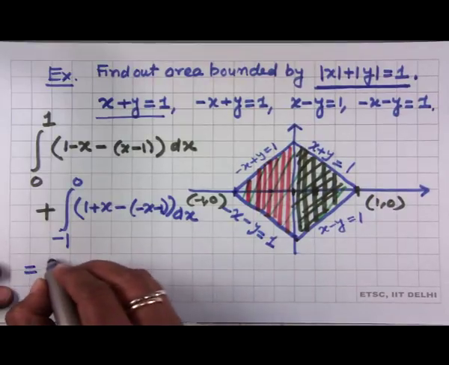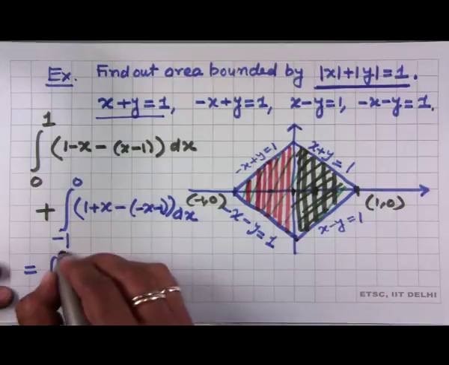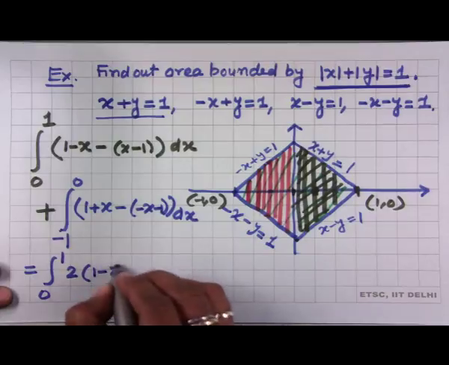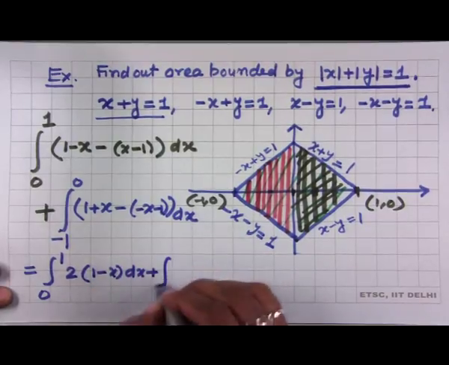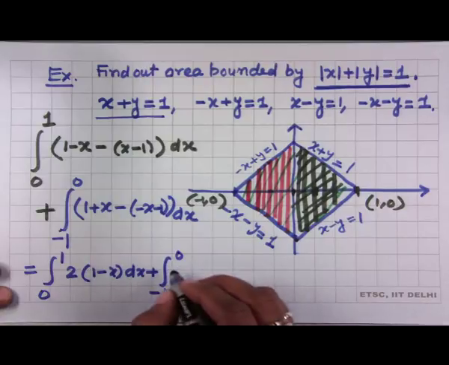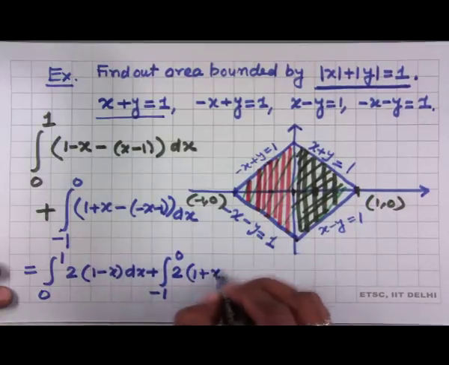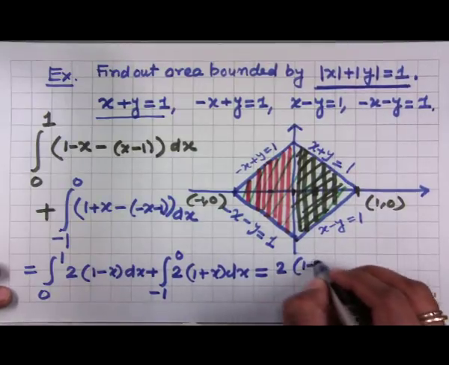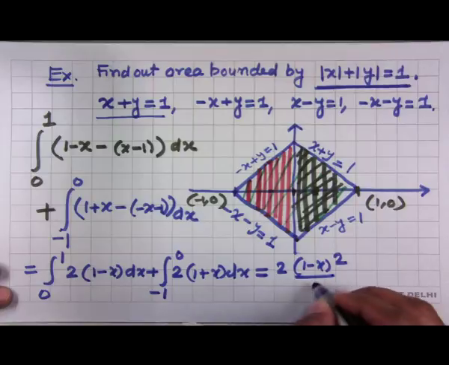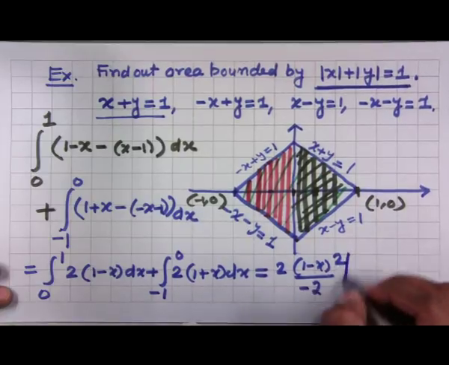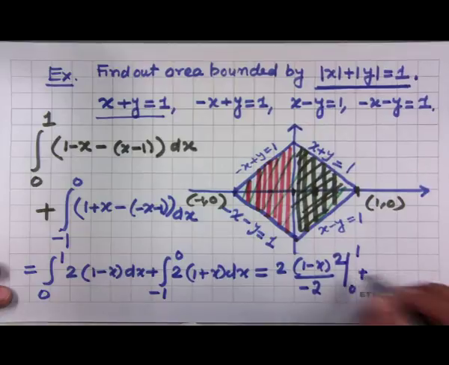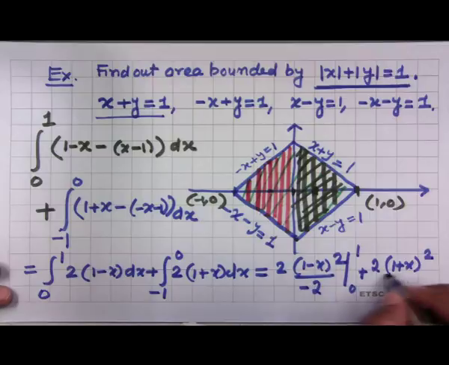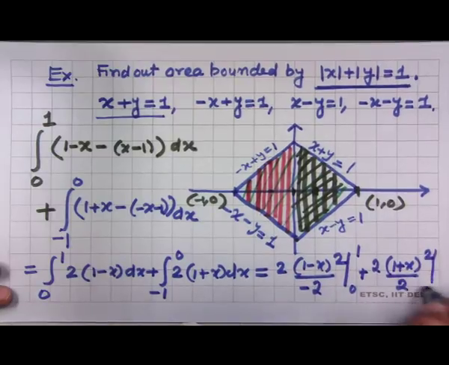So, we get integral 0 to 1 2 into 1 minus x dx plus integral minus 1 to 0 2 into 1 plus x into dx. This is equal to 2 into (1 minus x) whole square by 2 minus, 0 to 1, plus 2 into (1 plus x) whole square by 2, minus 1 to 0.